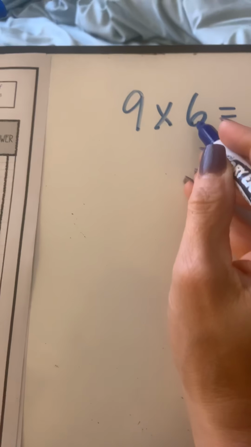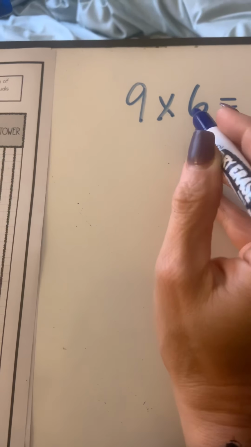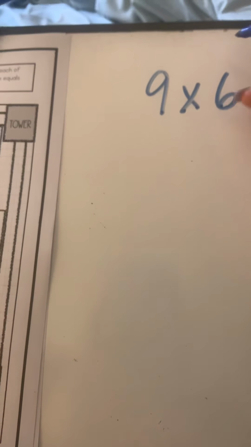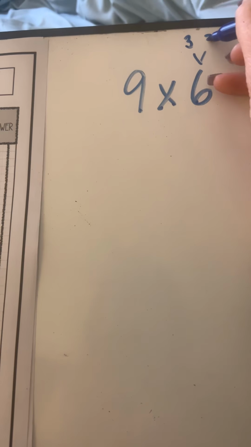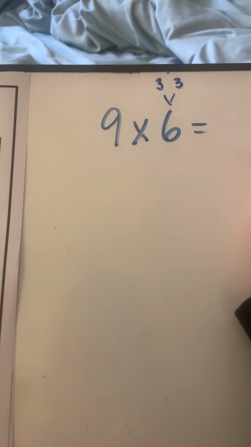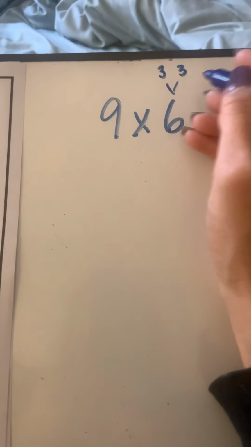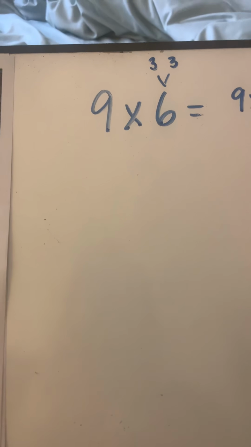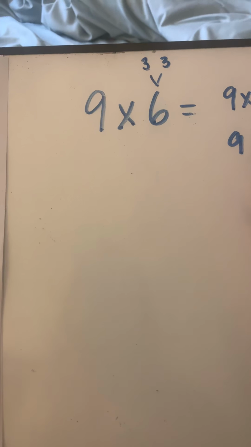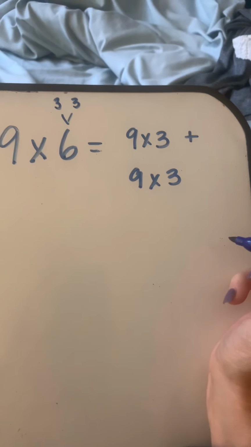But what you could also do is think, well, wait a minute. I do know that 6 could be broken into a 3 and a 3, right? I do know 9 times 3. So I could say 9 times 3 plus 9 times 3.